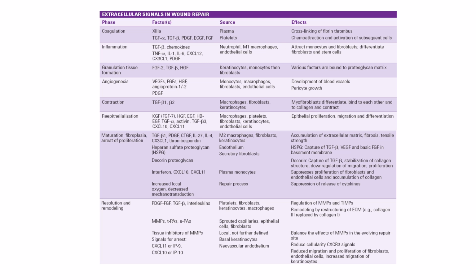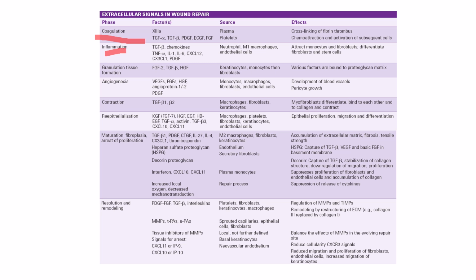Their sources are plasma and platelet, and they are responsible for cross-linking of fibrin thrombus that strengthen the clot, and they also act as chemoattractant of other cells for the subsequent healing phase.